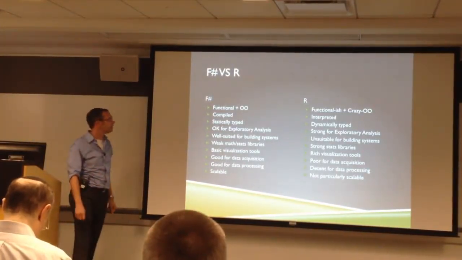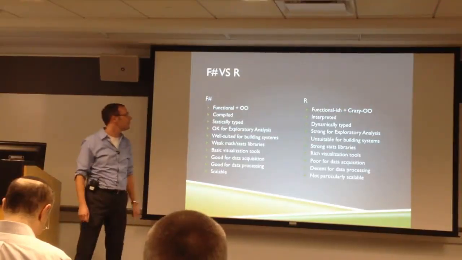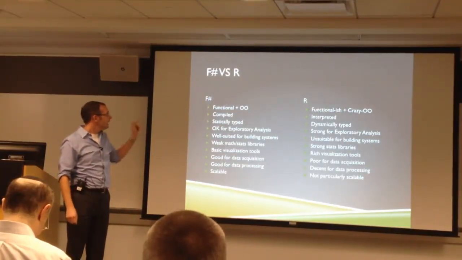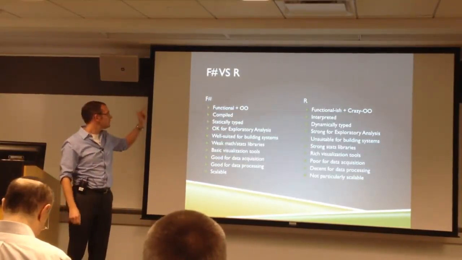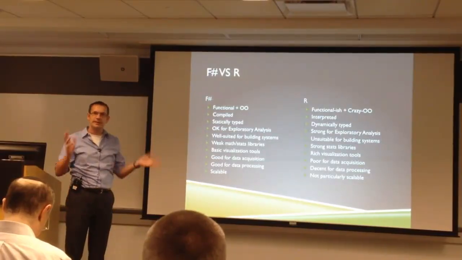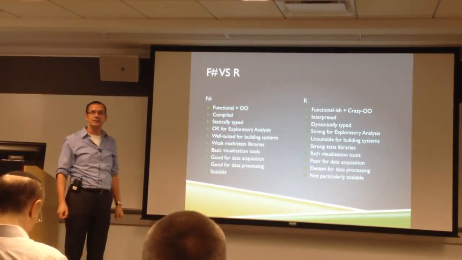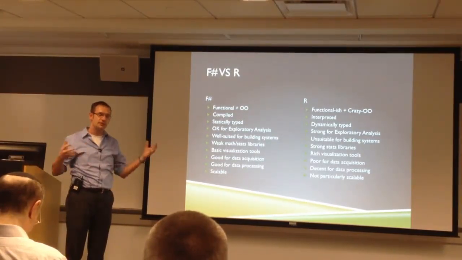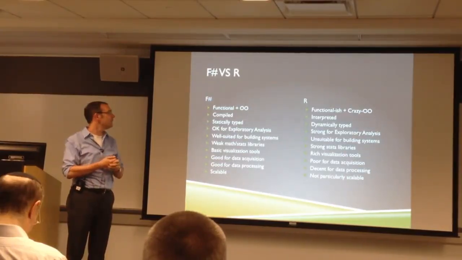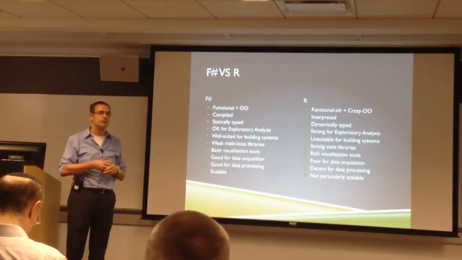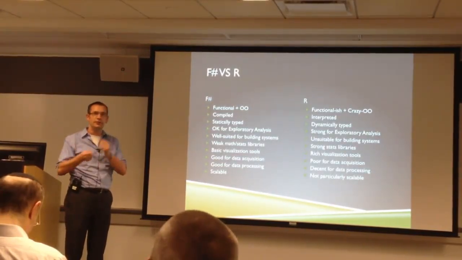So here's a lot of stuff on F-sharp and R. F-sharp is mostly functional, and I guess equally with a sort of more of a weighting on the functional. I think of it as being the two kind of side by side, not particularly tightly fused. If you think about something like Scala, it's more OO fused together with functional.